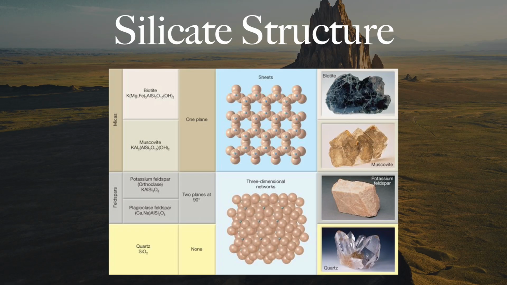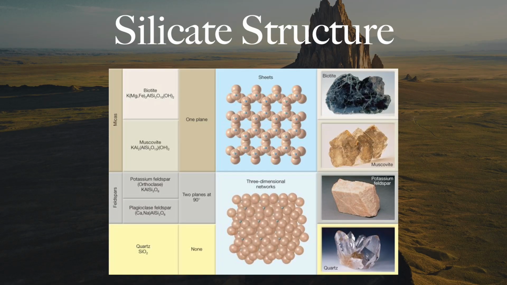An important feature of these is that they can be split into very thin, flexible sheets. They have all these very thin layers that you can easily break apart and see. Different types of micas are used for insulation, in cosmetics, and in paints, for example, and there are a lot of other uses for them.